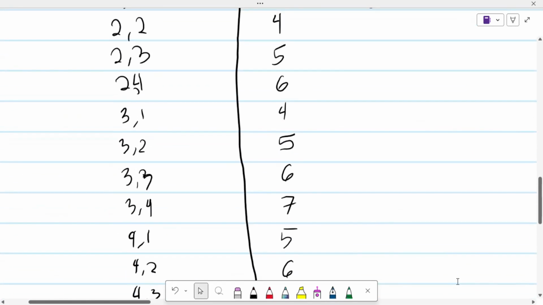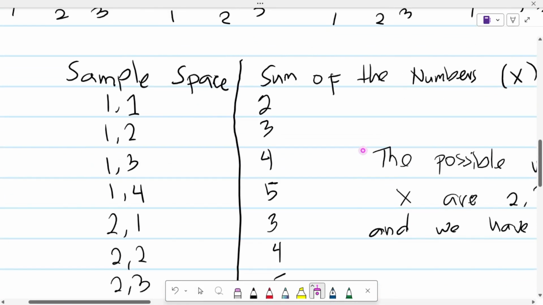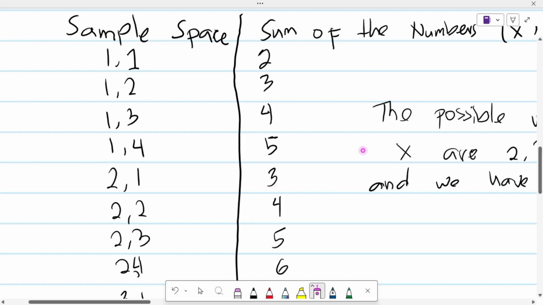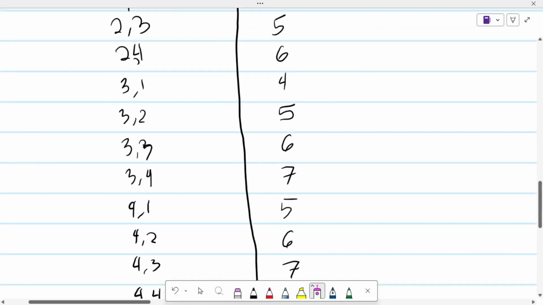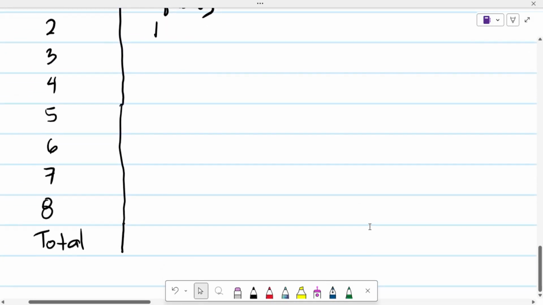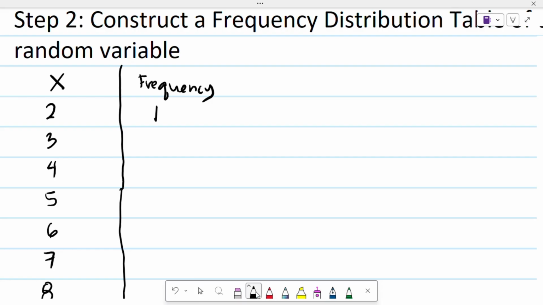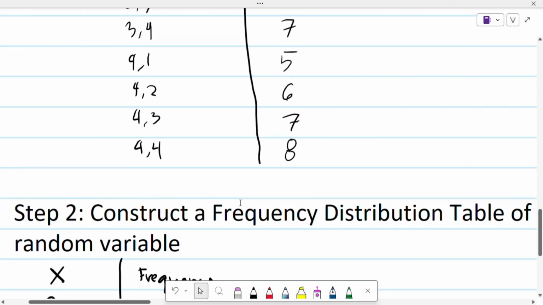How about 3? Let's go back to our table. We count: 1, 2, so 2 times only. The frequency of x equal to 3 is just 2. How about 4?